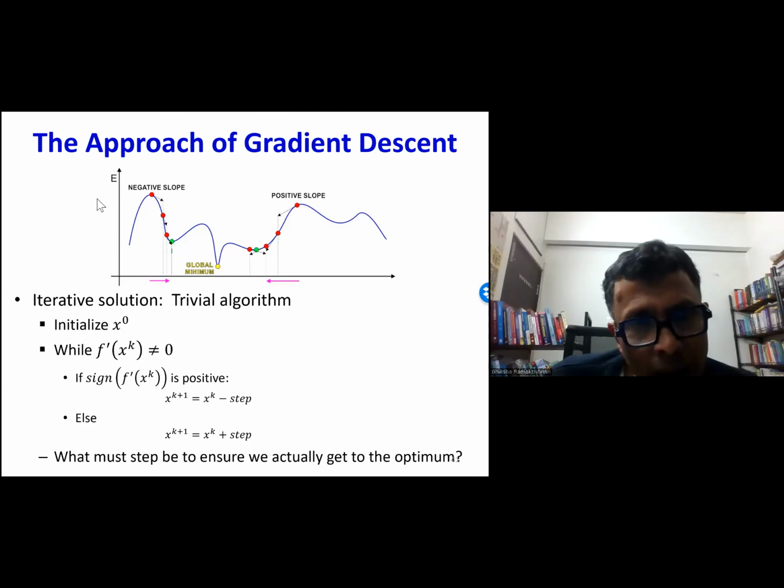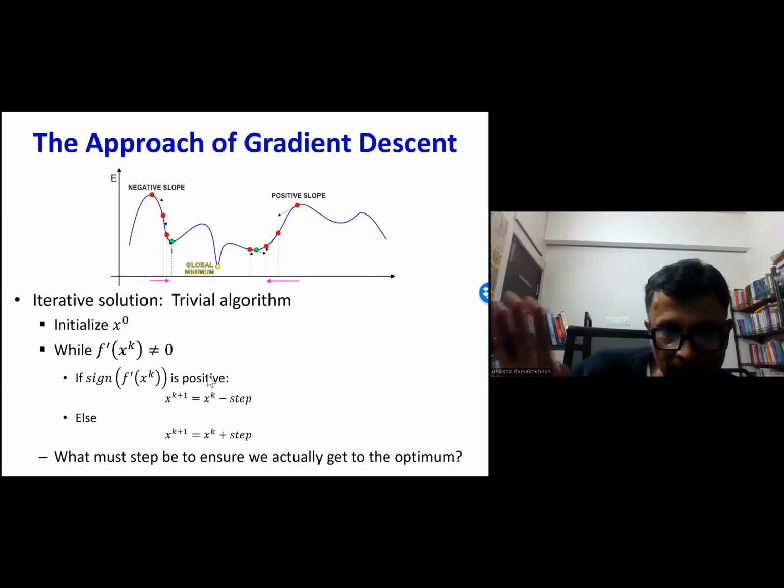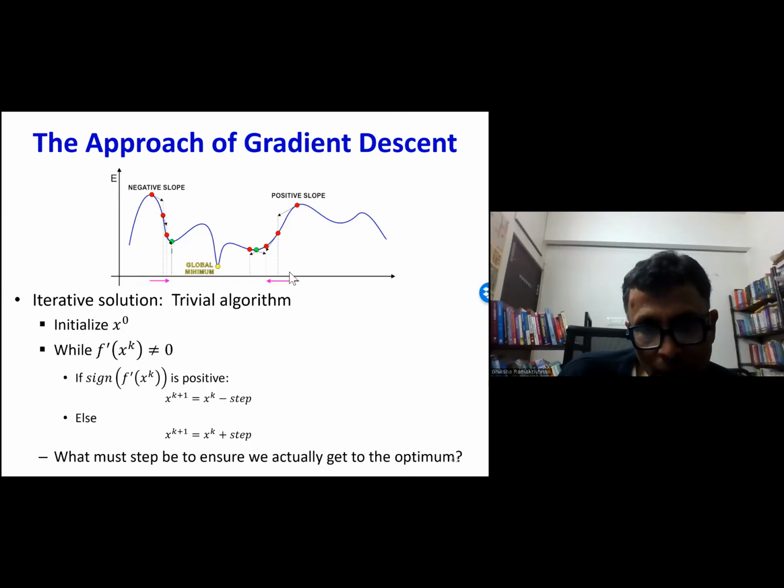And so here's the trivial iterative algorithm. You're going to come up with some initial estimate, x0. And then at each point, you're going to check the derivative, the slope. If the slope is positive, it means the function is increasing. So you want to take a step back. You subtract a step from the current x.